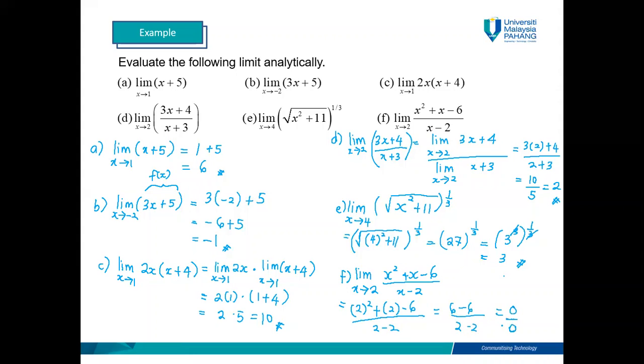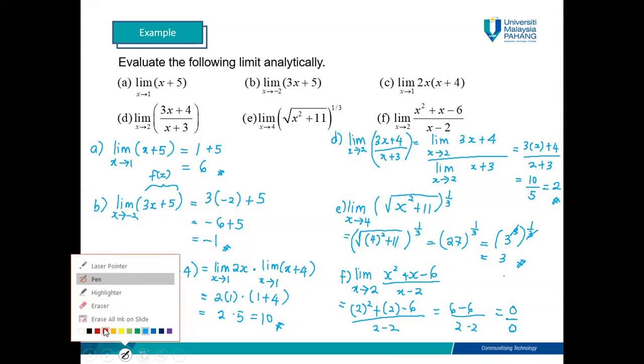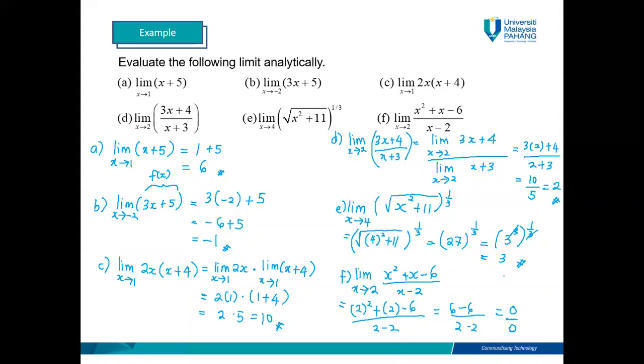So you got 0 over 0. Okay, so 0 over 0 ni maksud dia apa? 0 over 0 bukan 0, 0 over 0 bukan 1. Okay, dia adalah indeterminate form.